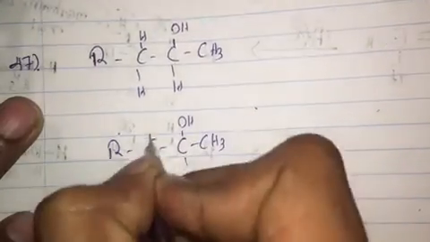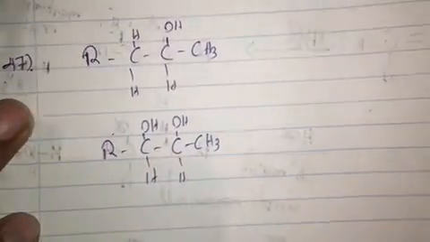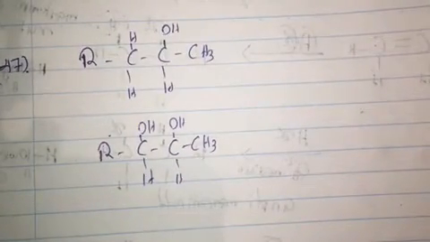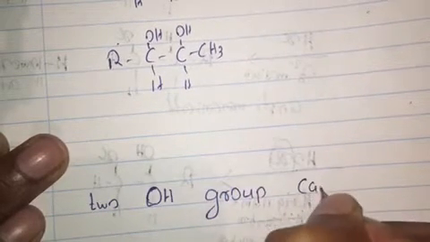This alcohol has two OH groups. Write this note: two OH groups can't be attached to one carbon.